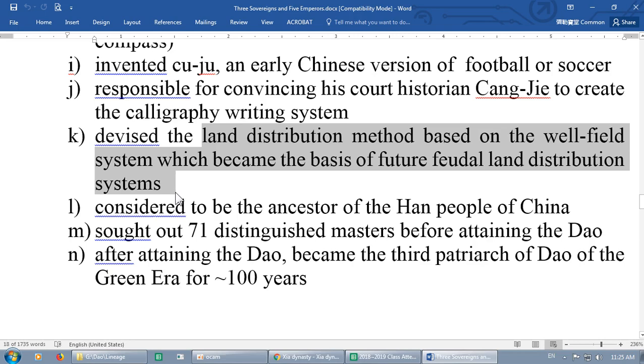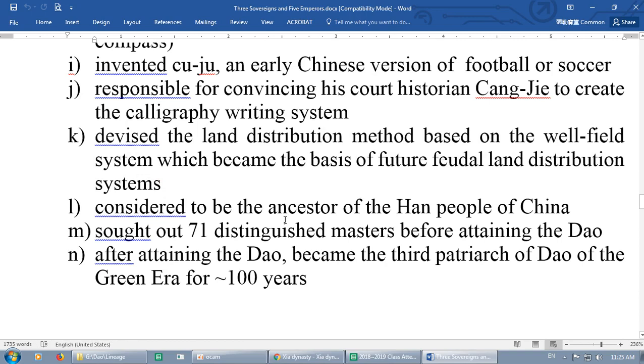The central square, the middle one, is the common land, the common harvest area, which is supposed to be given to the feudal lord. The other eight plots are for the private farmers' use. Get it? That's supposedly the basis of the future feudal land distribution system. So he developed that.